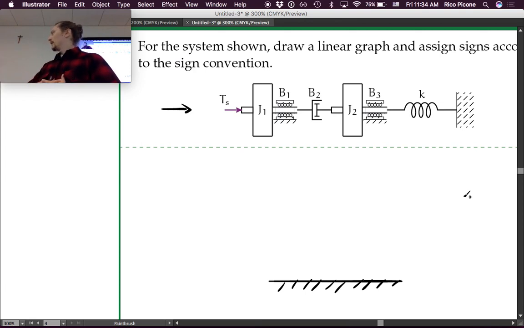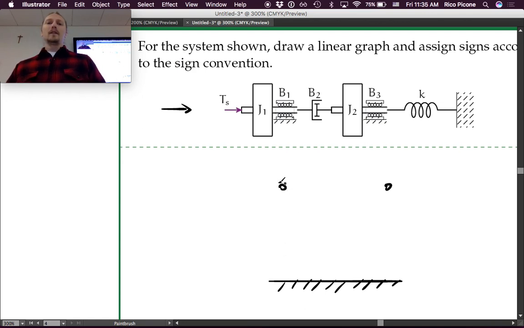So we said that there are 3 total. There's the ground, and there's a J1 node and a J2 node, right? So I'm going to draw the J1 here. I'll draw the J2 there. And it's kind of easiest to start oftentimes with those inertia branches because they always connect from their special node to ground, right?